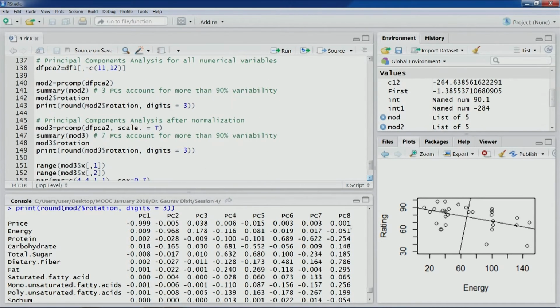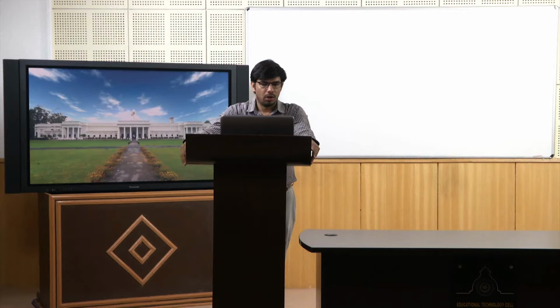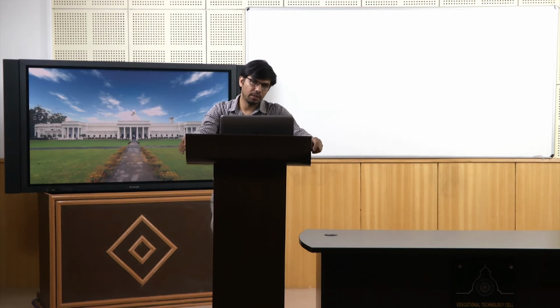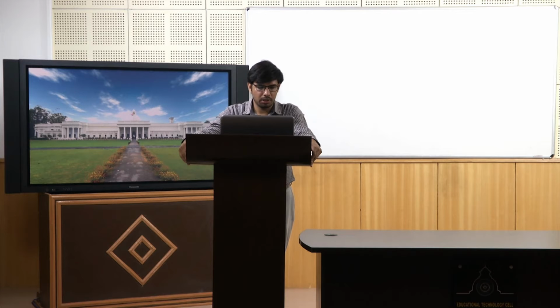Now what is the problem here? There is one problem in this analysis that we applied. Price is measured in rupees, energy is measured in calories, and protein, carbohydrate and other contents are measured in grams and milligrams.